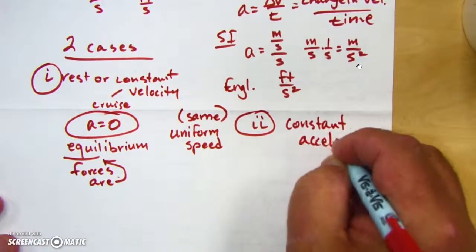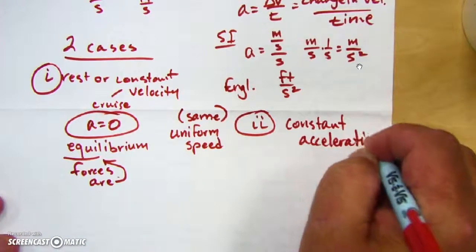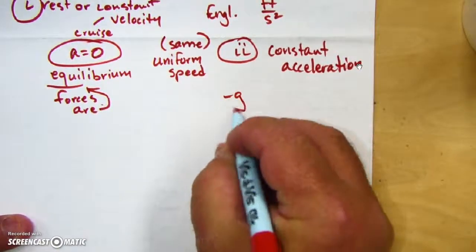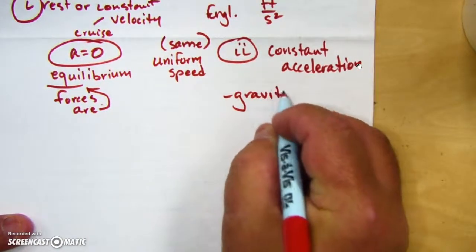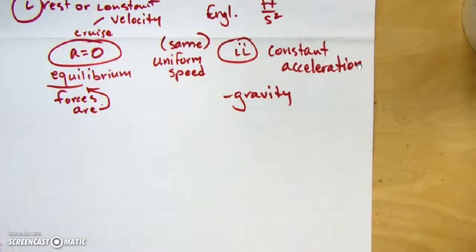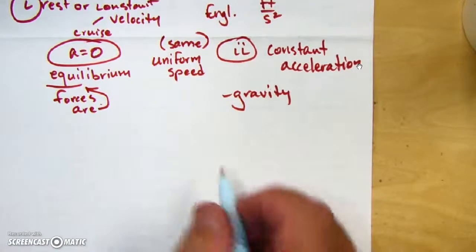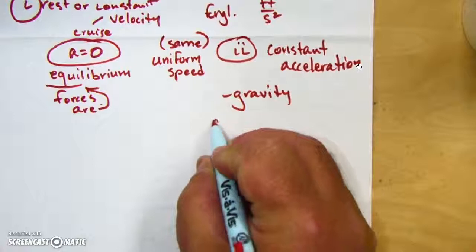A constant acceleration means we are changing speeds, but we're always changing by the same amount. The reason that becomes important in this course is gravity. Gravity is a constant acceleration for all the things we deal with on the Earth, and it's one of the few numbers you need to know for this course.